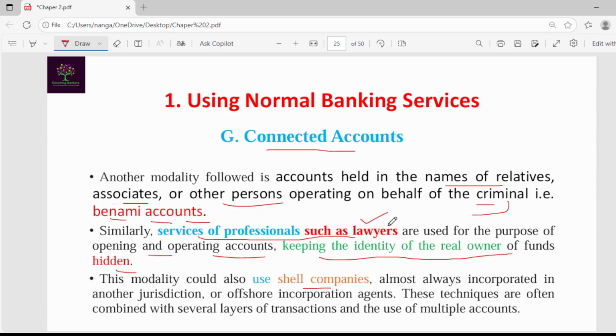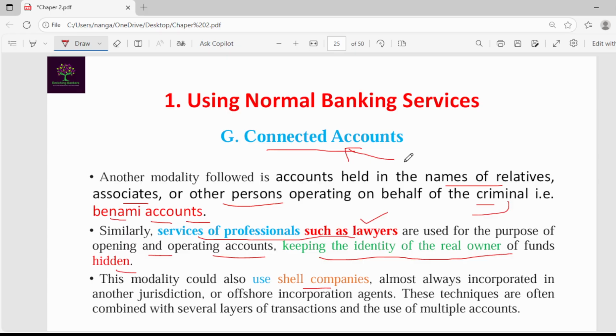Generally, these professionals are connected to the firms because firms require the services of lawyers and auditors. Nobody gets doubt on these professionals, because lawyers and auditors are connected to the firms.